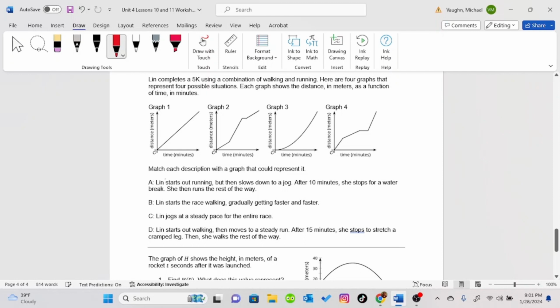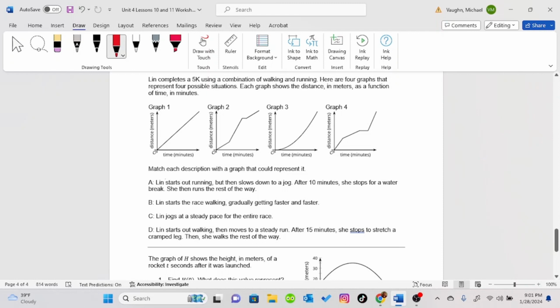A. Lynn starts out running, but then slows down to a jog. After 10 minutes, she stops for a water break. She then runs the rest of the way. So we want her to start running, then jogging.